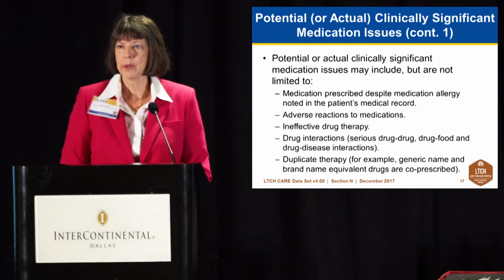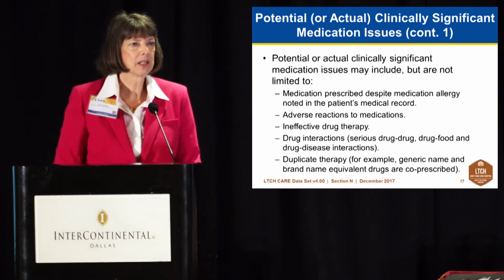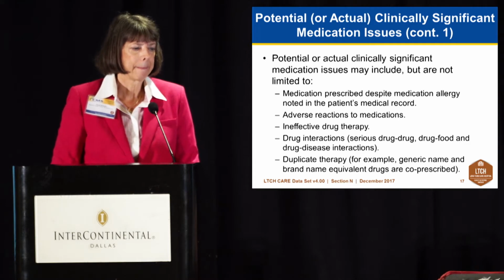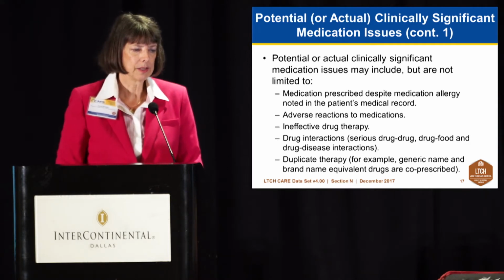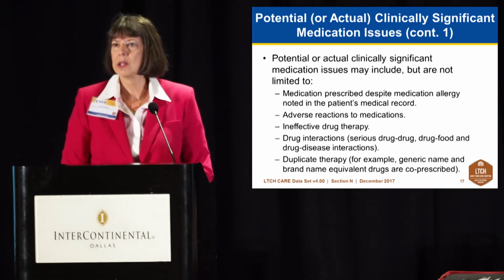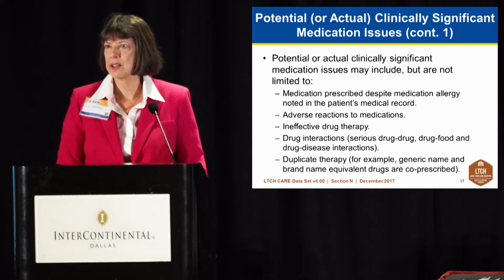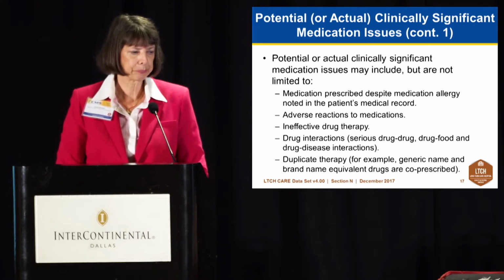It could be adverse reactions to medications. It could be ineffective drug therapy. It also could be drug interactions, such as serious drug-to-drug, drug-to-food, and drug-disease interactions that you would have to know about.